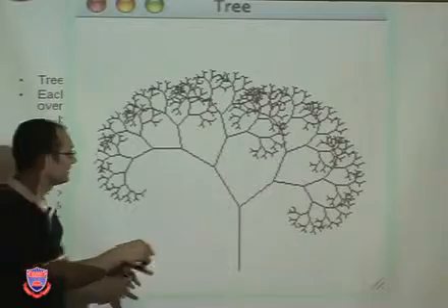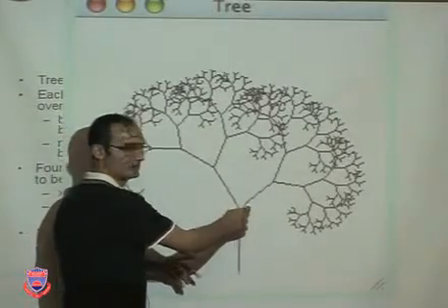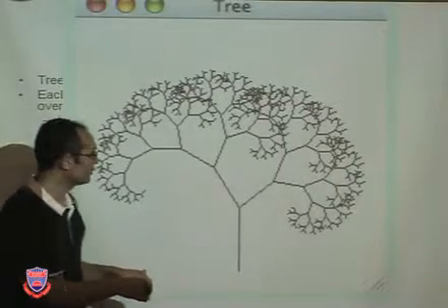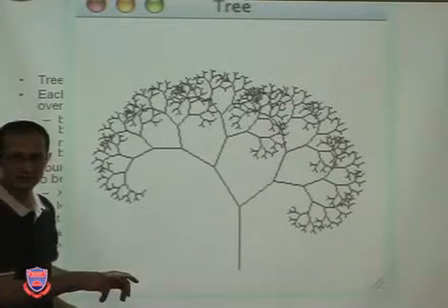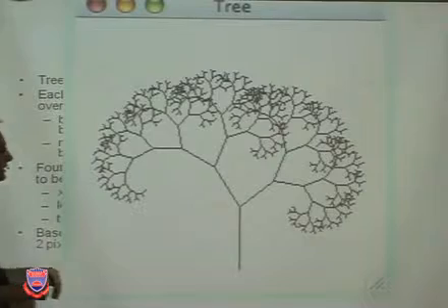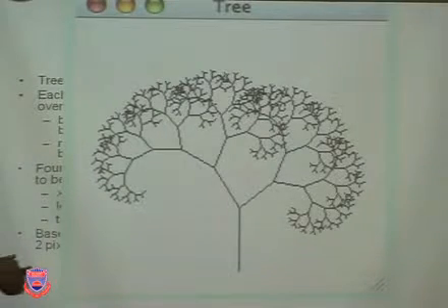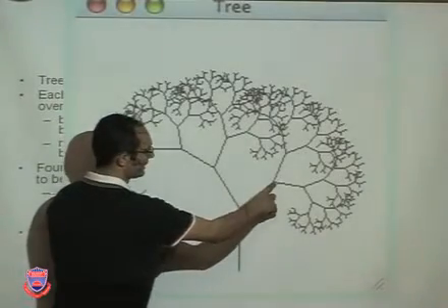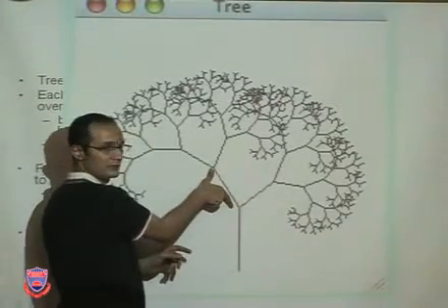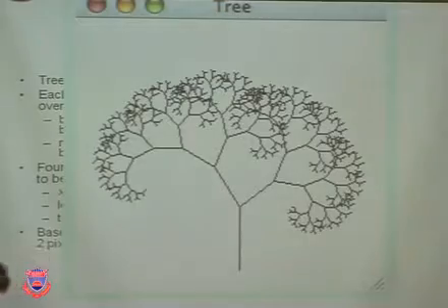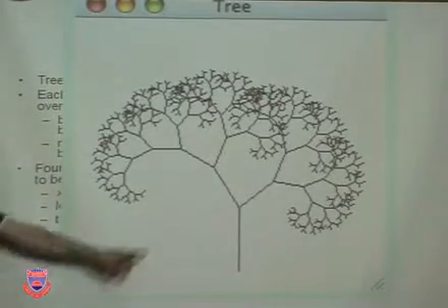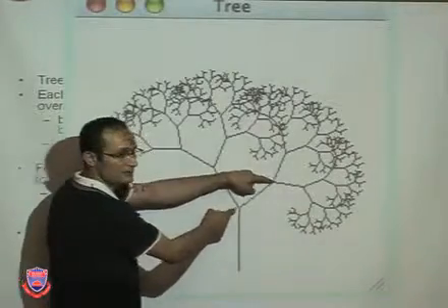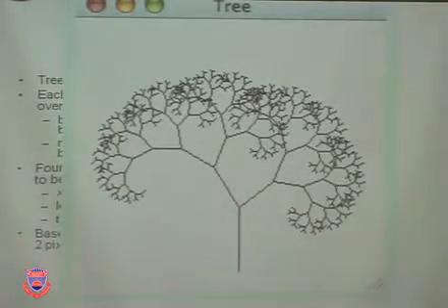So every time this one uses a different angle, whereas this one uses a different angle. Okay, so that's one other thing. And then also, if you look at the sizes of each side, can you tell anything about that? This one is smaller in terms of length, whereas this one is longer. So every time it uses a multiple of the original size. However, this one is multiplied with a different constant, whereas this one is multiplied with another constant.